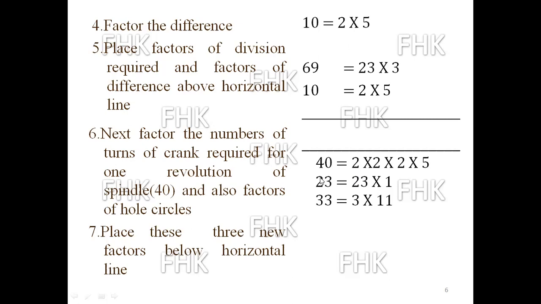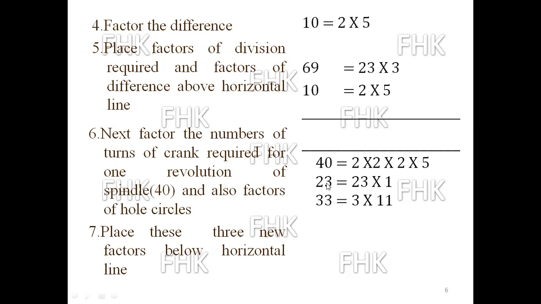Now for the second number, you have to take the hole circles which you have selected. The combination is 23 and 33. So if you take the combination of 23 and 33, the factors of 23 are 23 into 1, and the factors of 33 are 3 into 11.